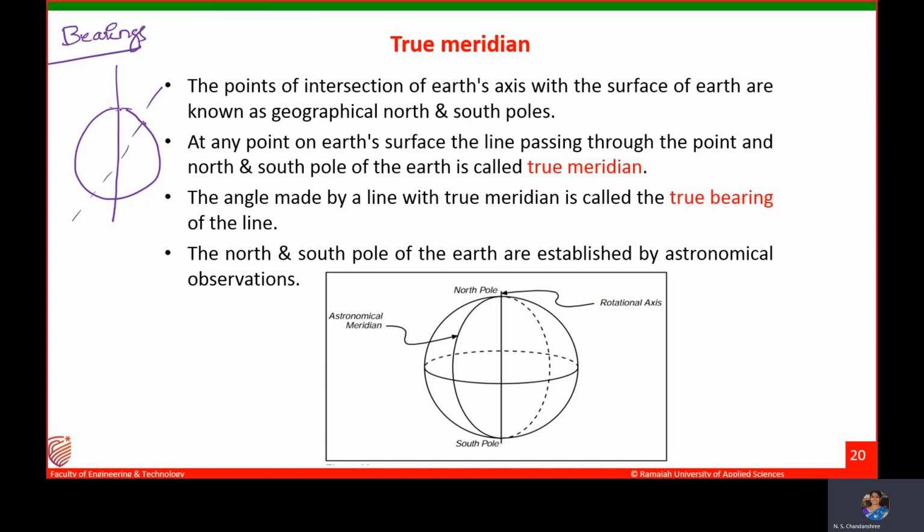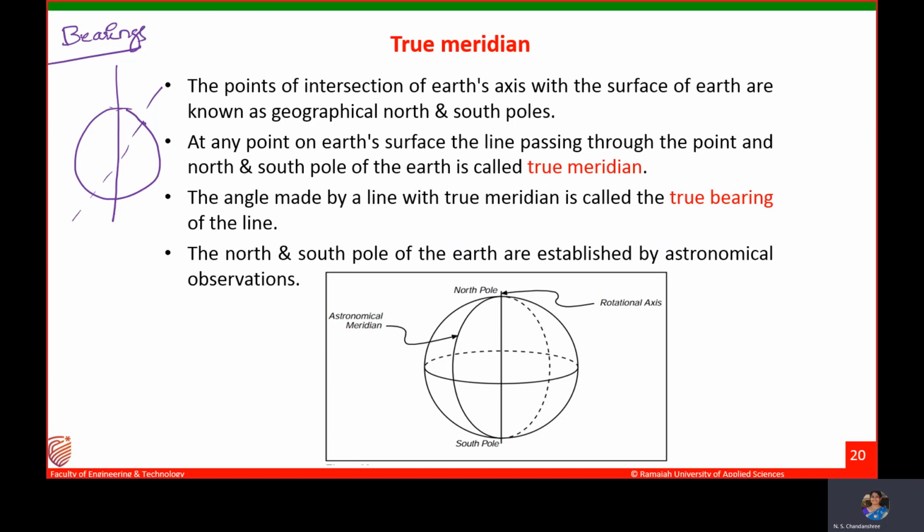Magnetic north is subject to change, but the true north is a fixed geographical location on the surface of the earth. If you measure the direction with respect to the true north and south of the earth, then that is called the true meridian, the true bearing. If you measure the direction with respect to magnetic north and south, then it is called the magnetic meridian, the magnetic bearing.